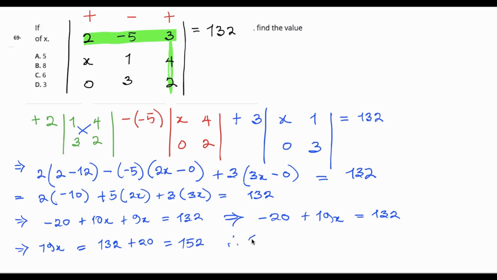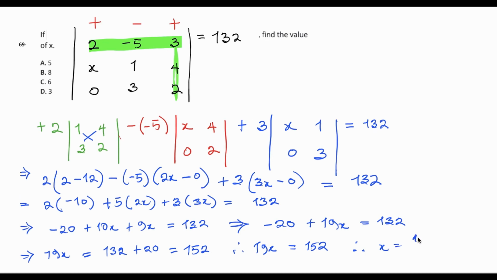So if 19x is equal to 152, then x equals 152 over 19, and x is equal to 8. So our answer here is B.